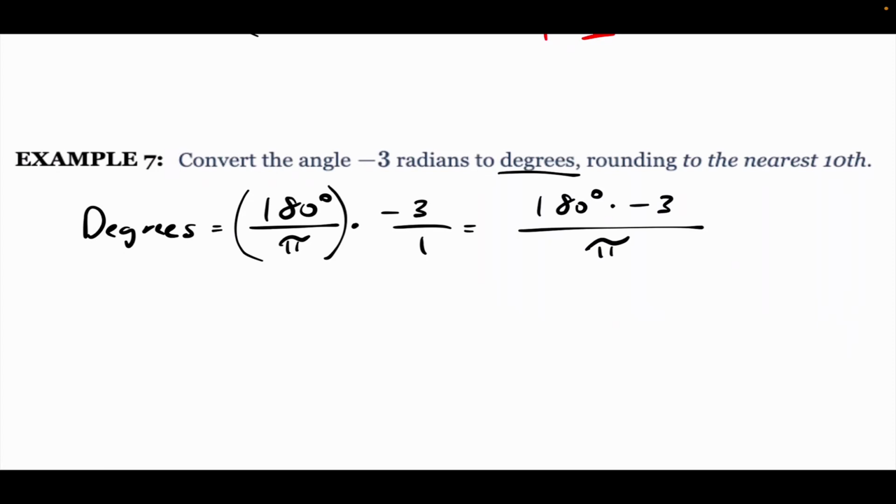Is there anything I can cancel out or reduce? Yeah, right? Because pi, if pi was on top, I could cancel them out, but there's no pi on top. So the only thing I could do is multiply, right? That's what I'm going to do. The only thing to do is multiply.